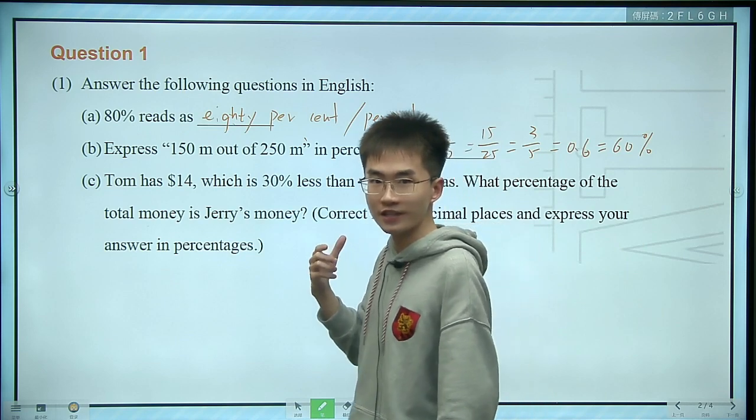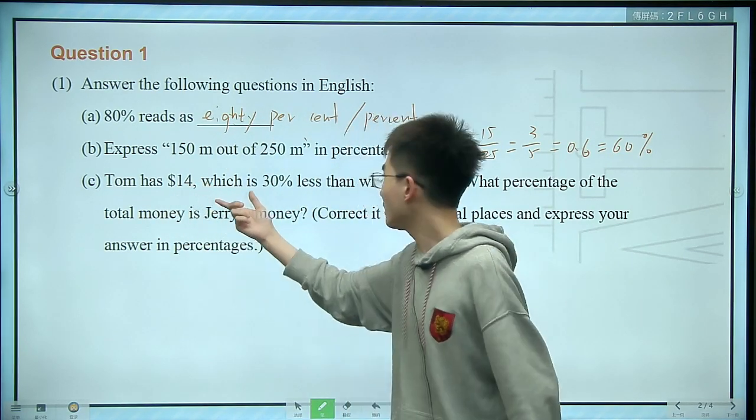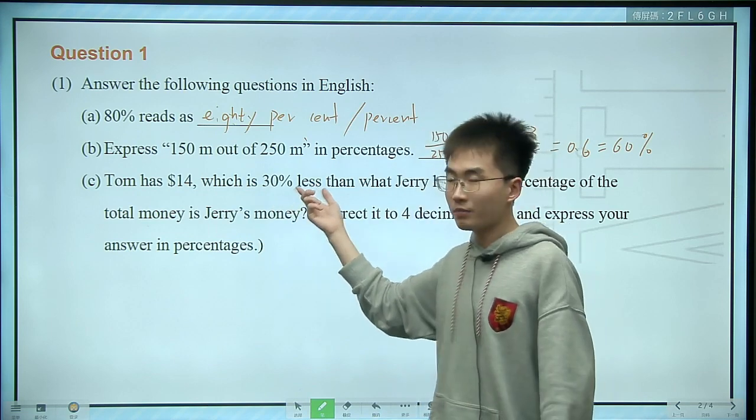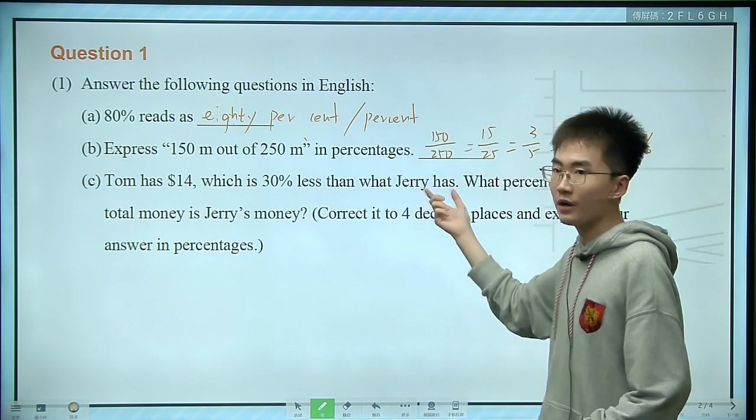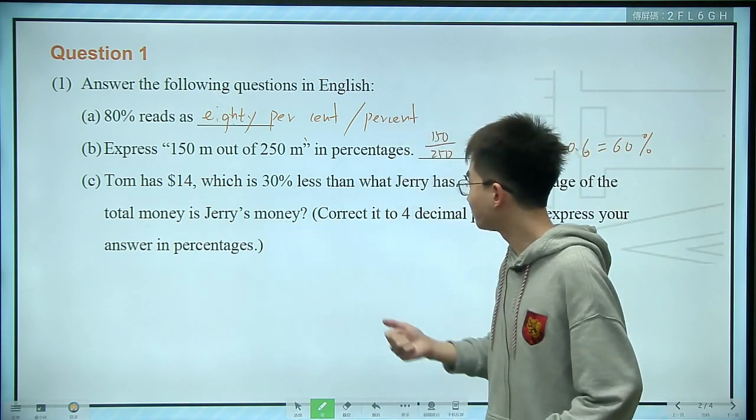Okay, so question C. Tom has $14, which is 30% less than what Jerry has. What percentage of the total money is Jerry's money?